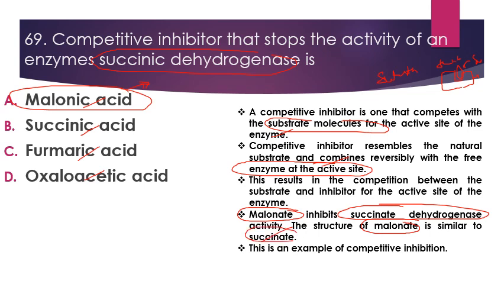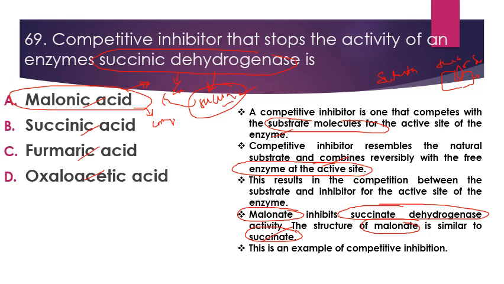Basically the substrate of this enzyme, succinic dehydrogenase, is succinic acid, but like succinic acid, the other substrate called malonic acid acts as a competitive inhibitor and occupies the active sites of this enzyme and blocks the sites for the succinic acid.